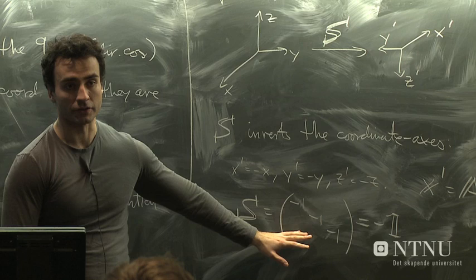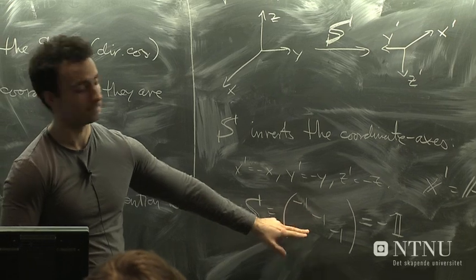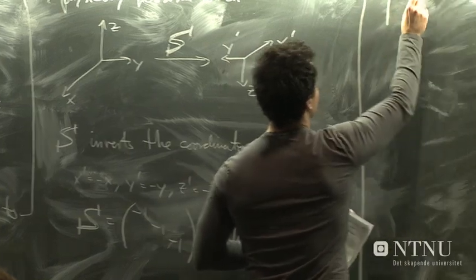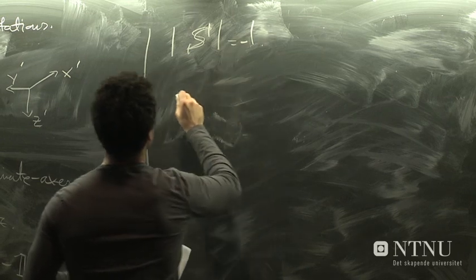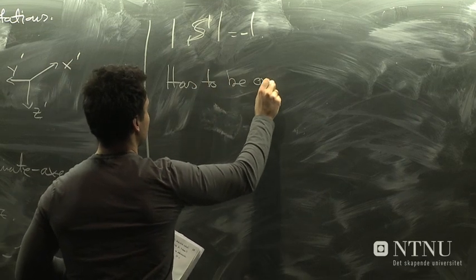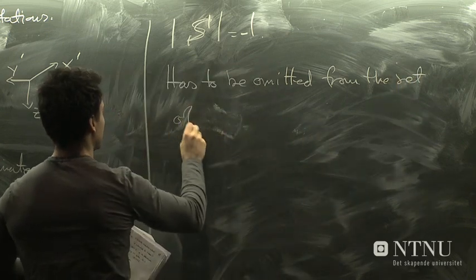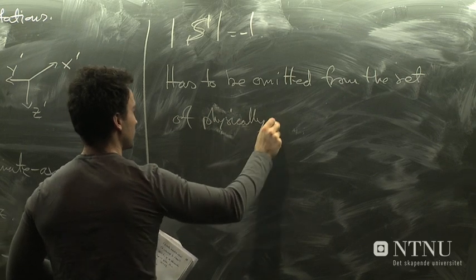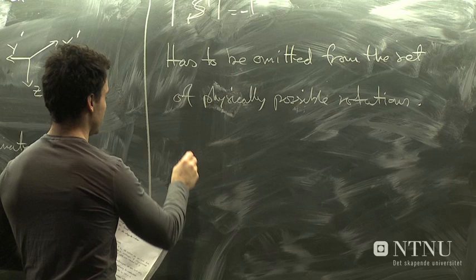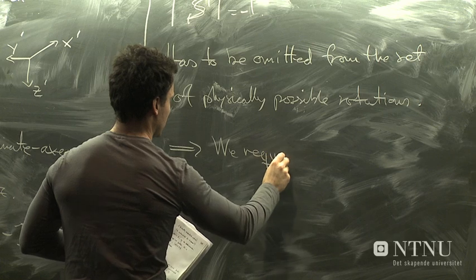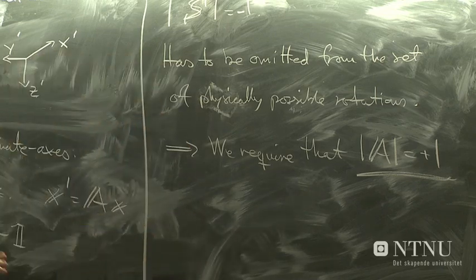And we see that the determinant of the transformation matrix, which performs this inversion, this is in fact an inversion, we see that the determinant is equal to -1. So that's our extra condition.